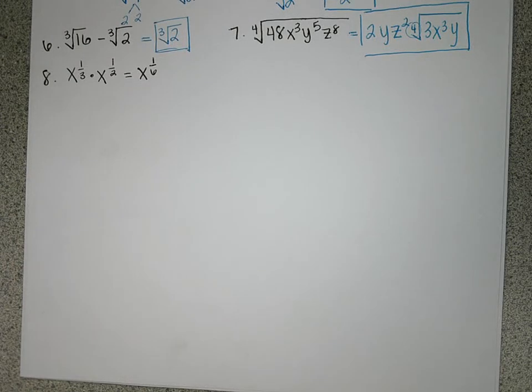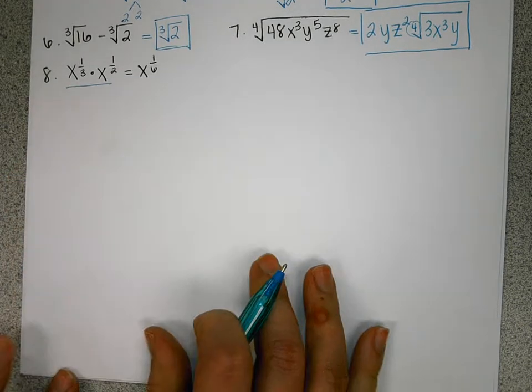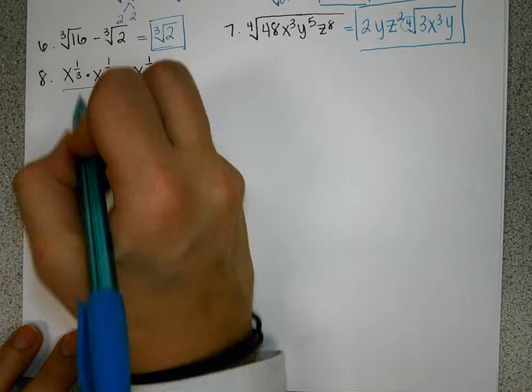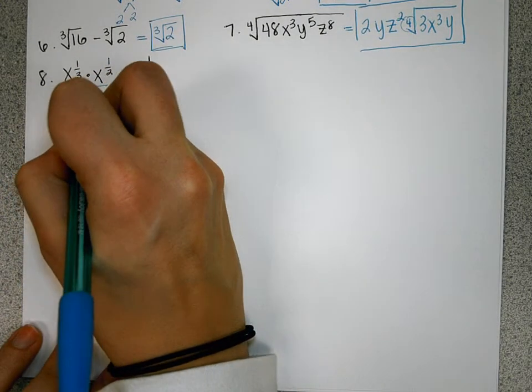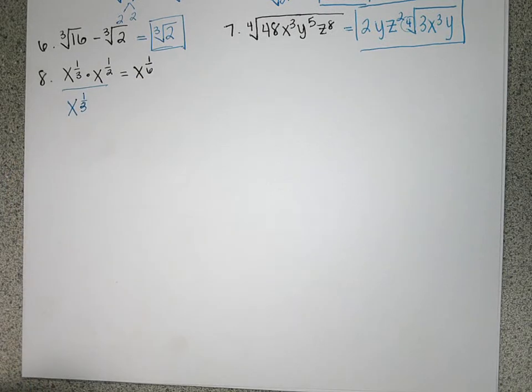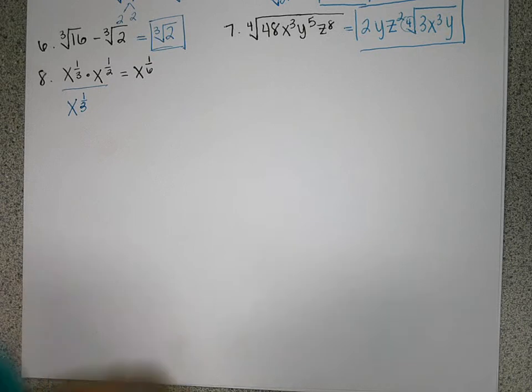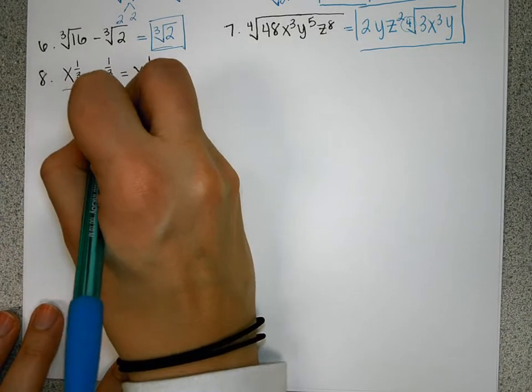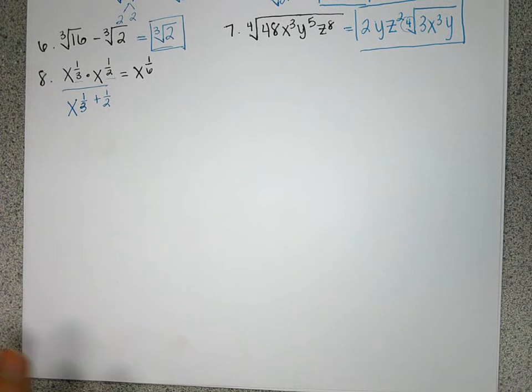So what we're going to do is we're going to take the left-hand side and work it out and see if we get the same answer. If I have x to the 1/3 times x to the 1/2, what do I do with those exponents? Do I add them, subtract them, multiply them, or divide them? You add them. So this is going to be x to the 1/3 plus 1/2.